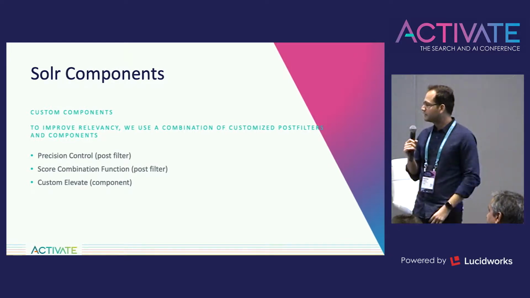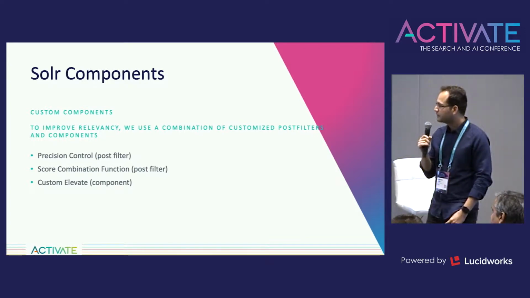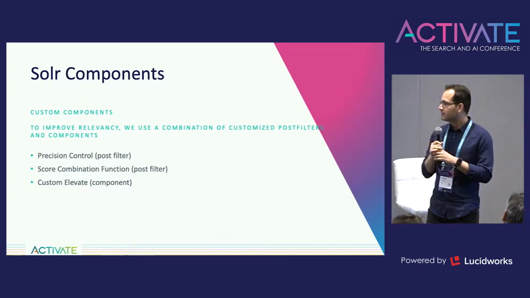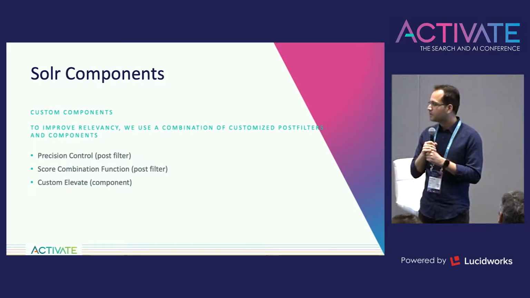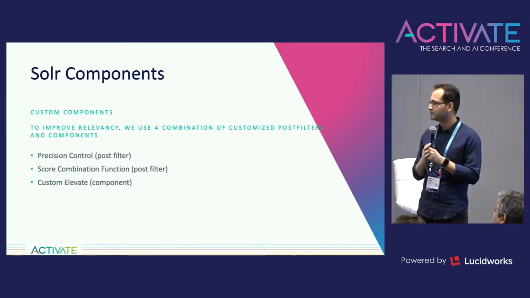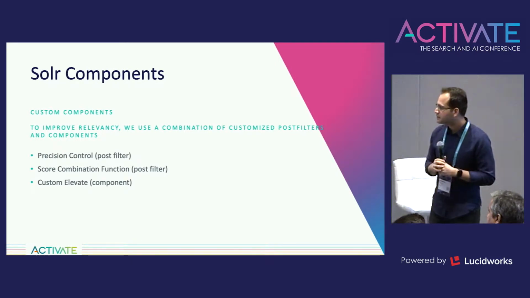I want to talk specifically about three main components. The first is the precision control component, which restricts the recall set in such a way as to ensure that our precision is very high. The other is the score combination function.